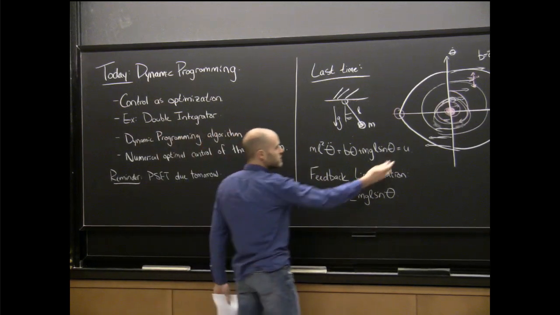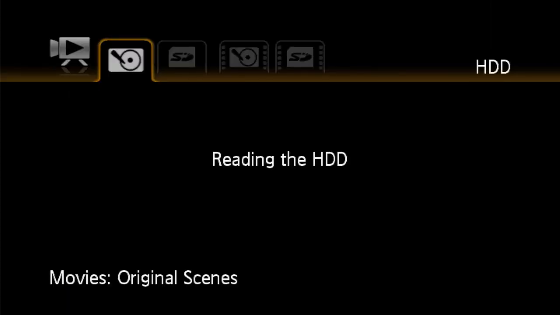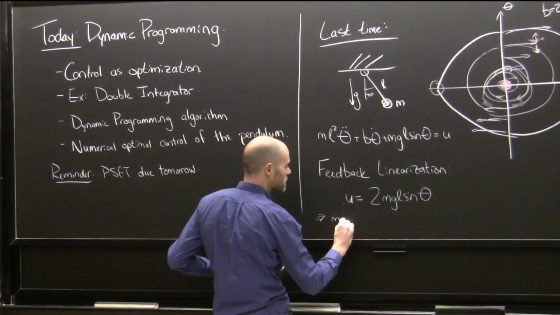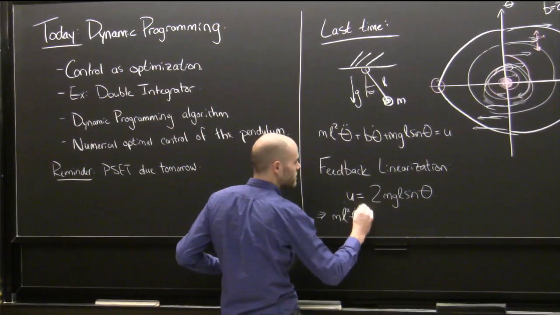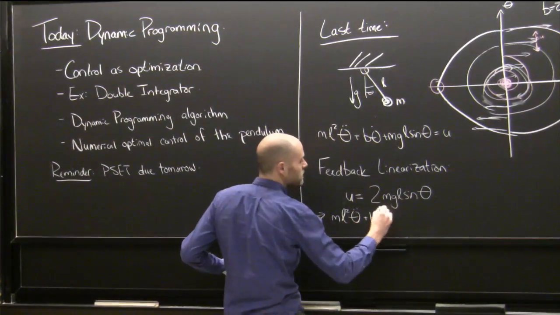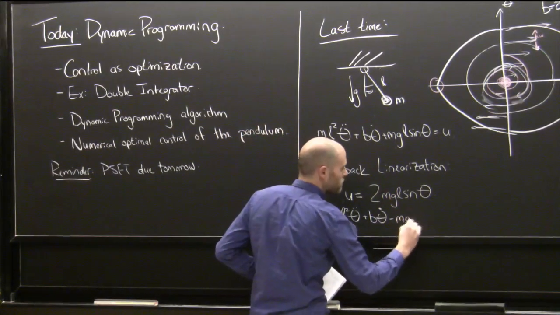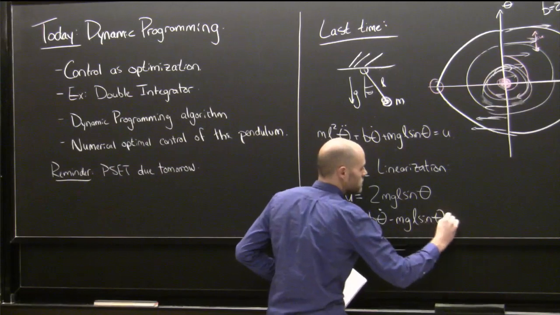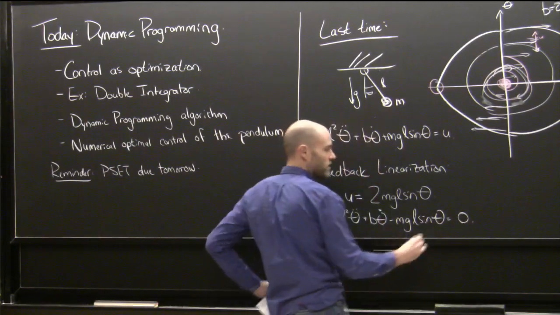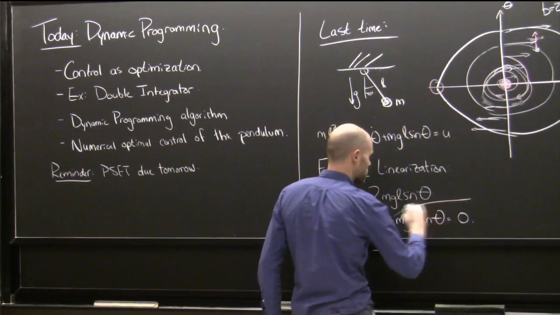If I stuck that in here, the result would be ml squared theta double dot plus b theta dot minus mgl sine theta. So you basically have inverted gravity.